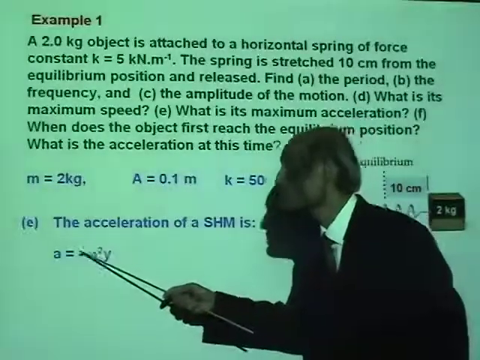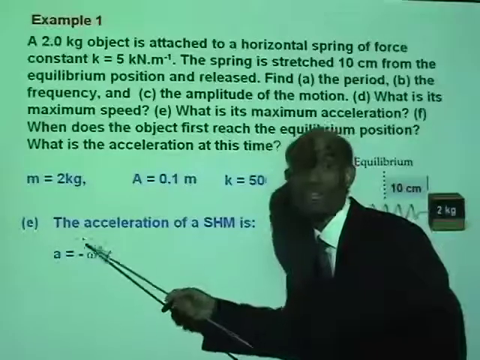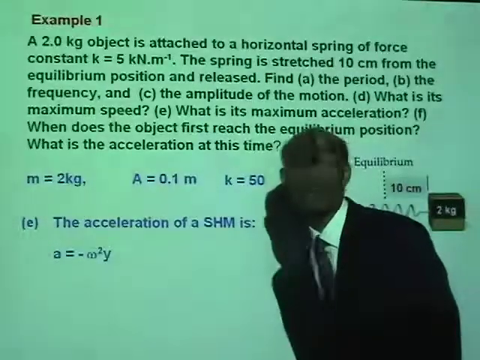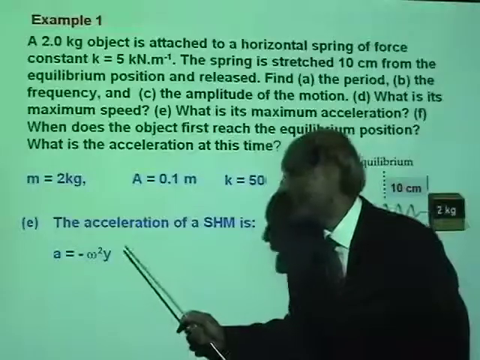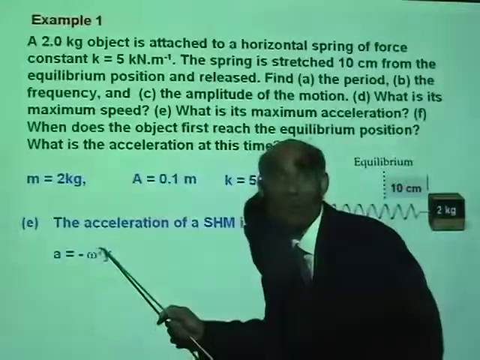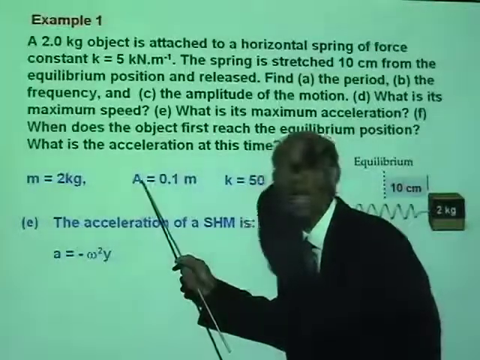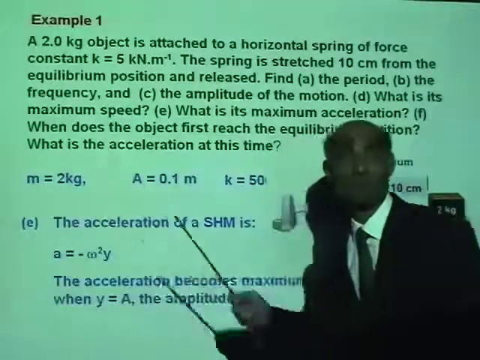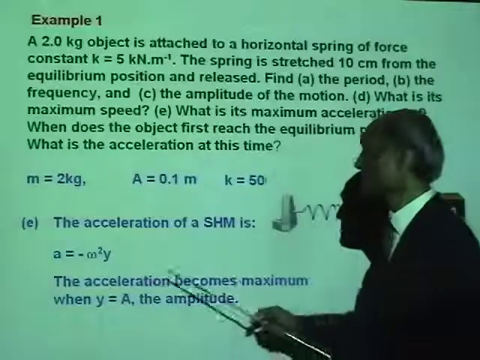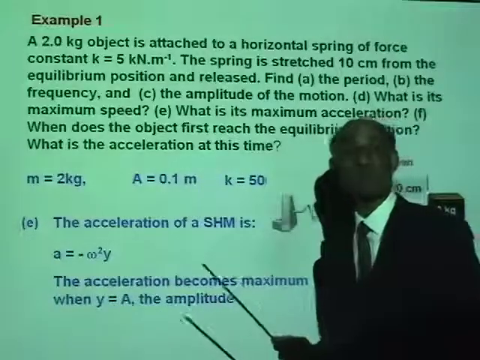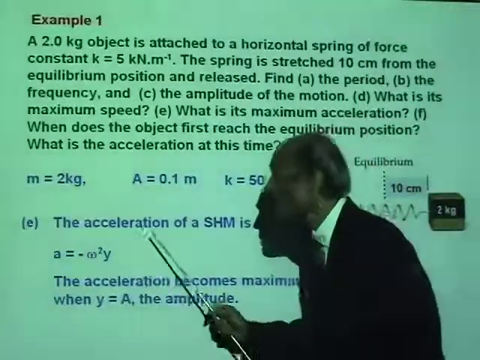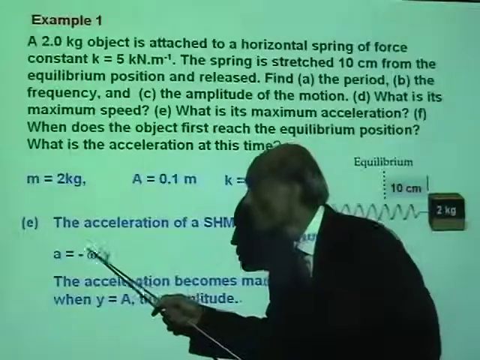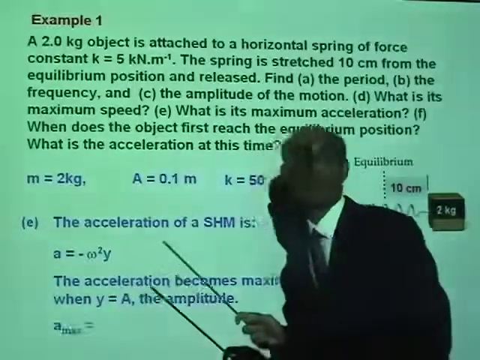Acceleration is negative ω squared y, and this becomes maximum when y equal to A. The acceleration becomes maximum when y equal to A. And since we are looking for the maximum value, we will not use the negative sign.